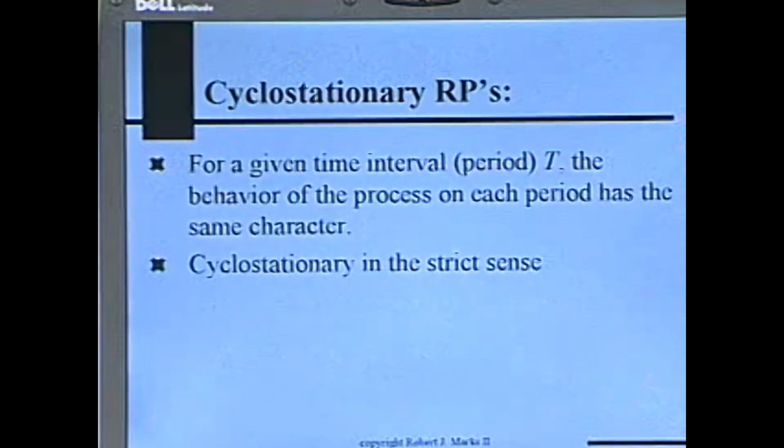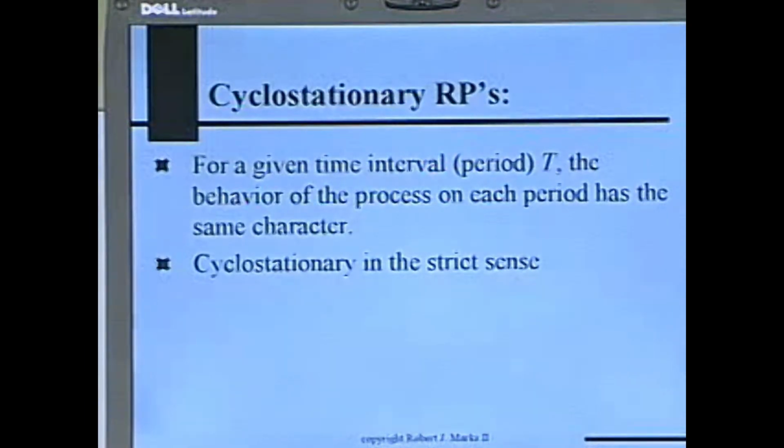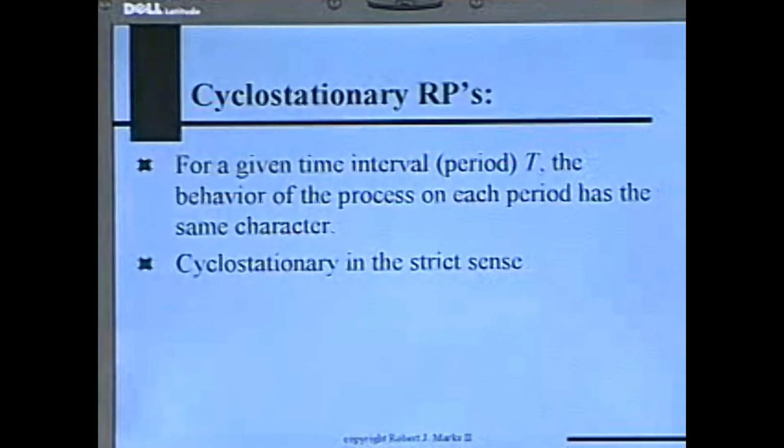I mentioned the concept of cyclostationary stochastic processes: heartbeat, the temperature cycling during the day. What are some other cyclostationary stochastic processes that you can think about? The moon, right? The amount of light from the moon, the amount of light from the sun, whatever, with a period of 24 hours.